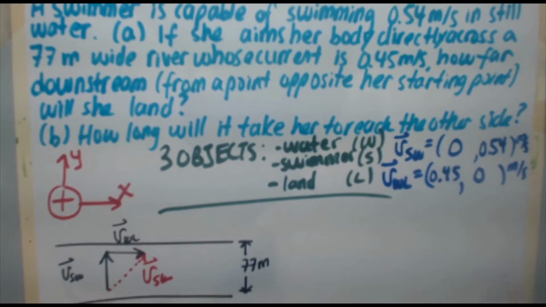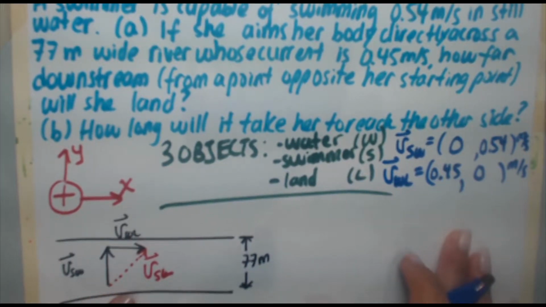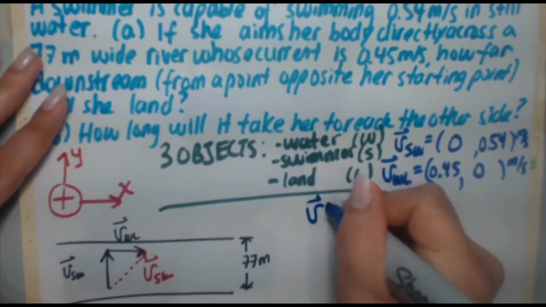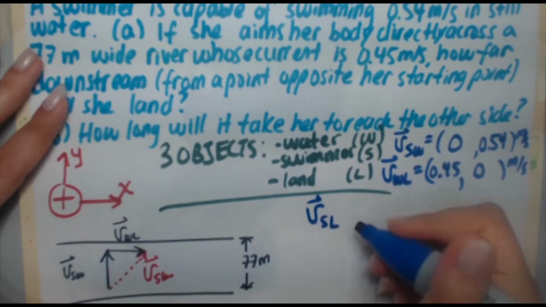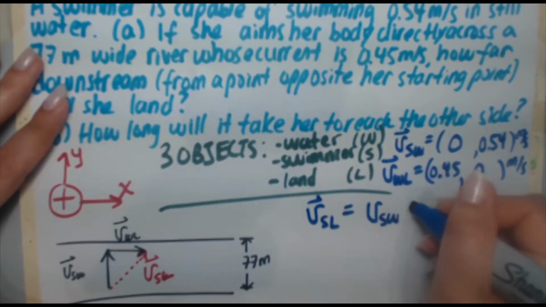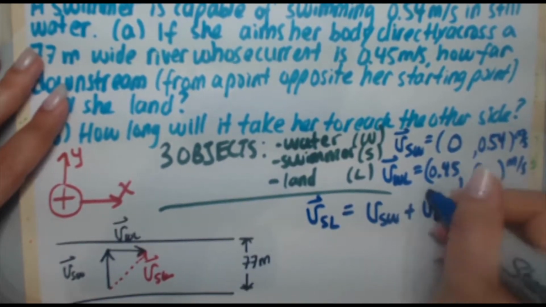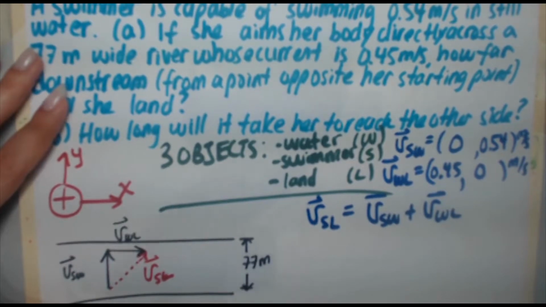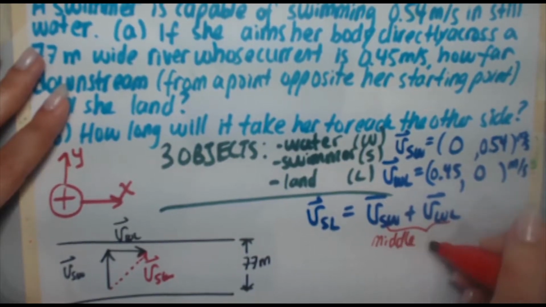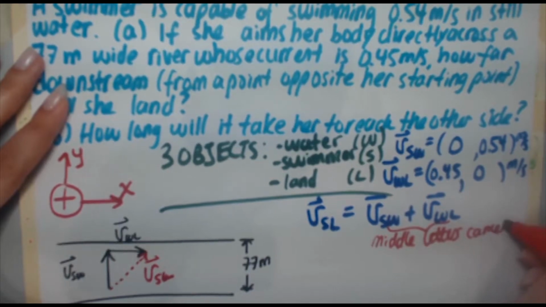Now, based on this picture that we drew and just based on the problem itself, we can establish the equation that VSL, the swimmer relative to the land, is equal to the velocity of the swimmer relative to the water plus the velocity of the water relative to the land. And as we've seen in the other problems, in order for this statement to be true, the middle letters, you need to imagine them canceling out.